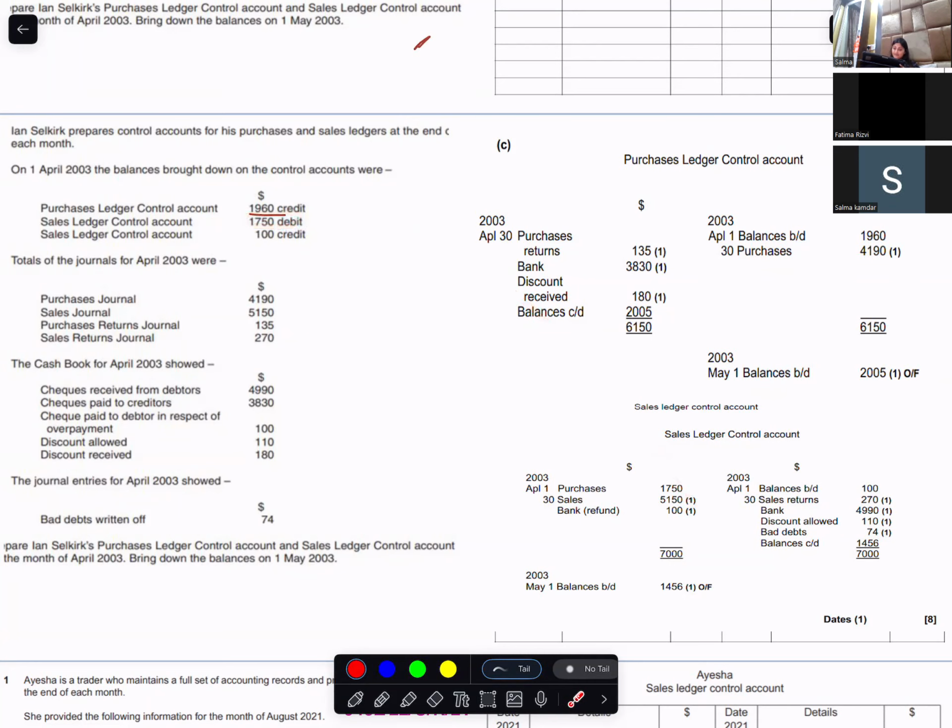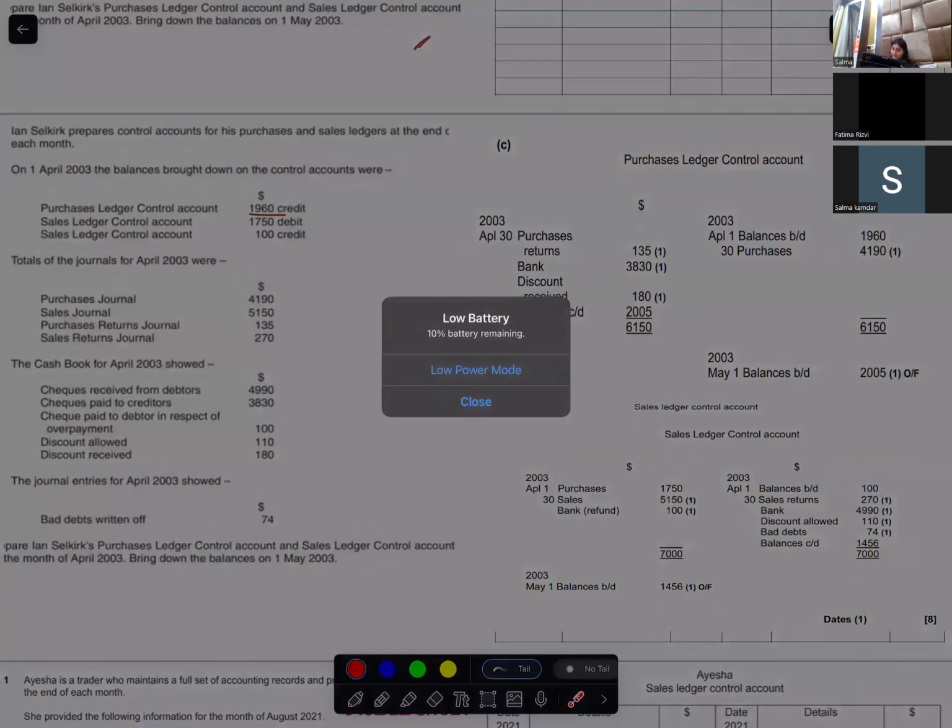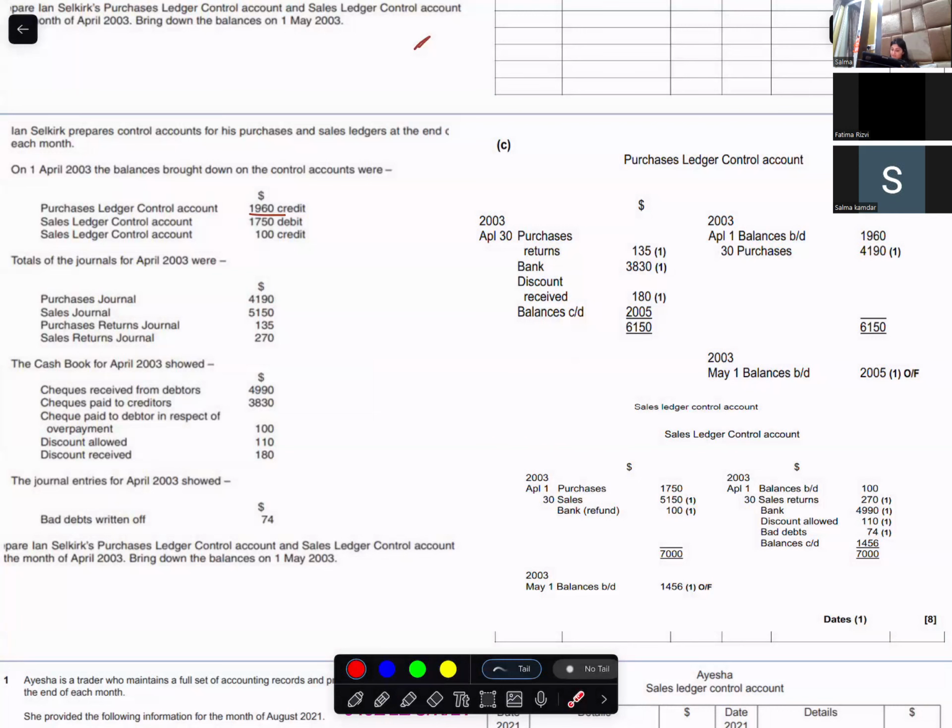Now, sales ledger control account, 1750 is the balance brought down. And this is an uncommon balance of 100. And they specifically mention to you that this is an uncommon balance.